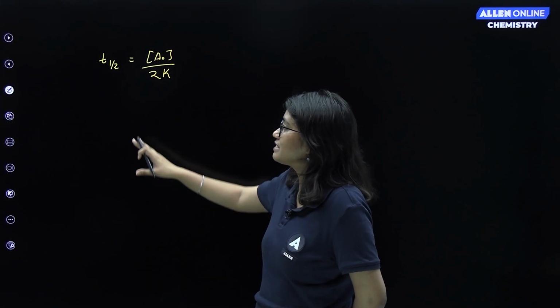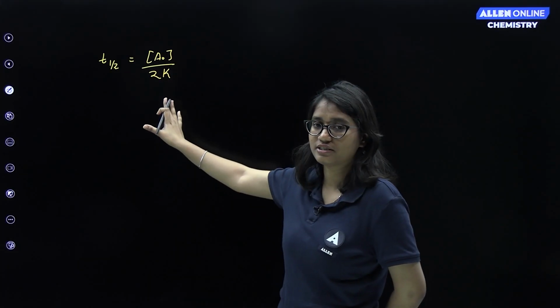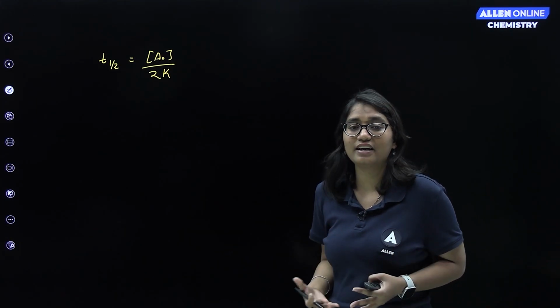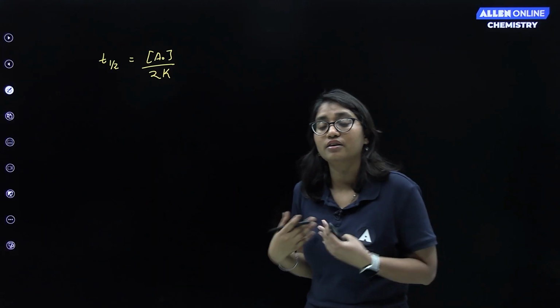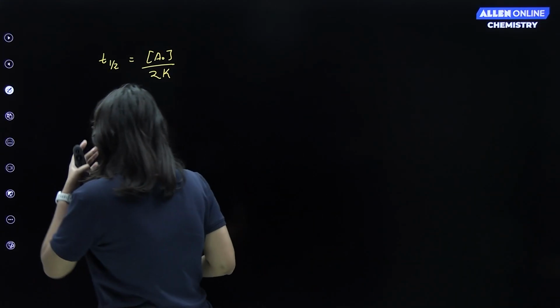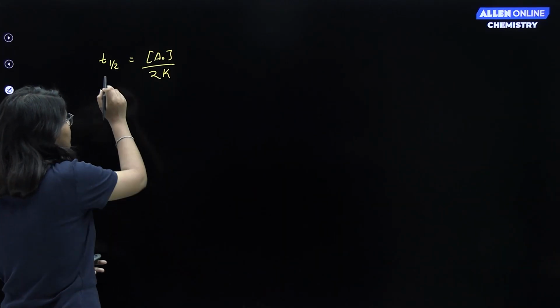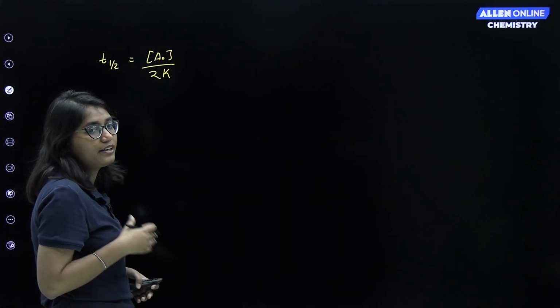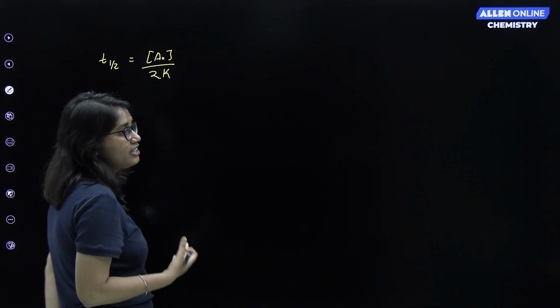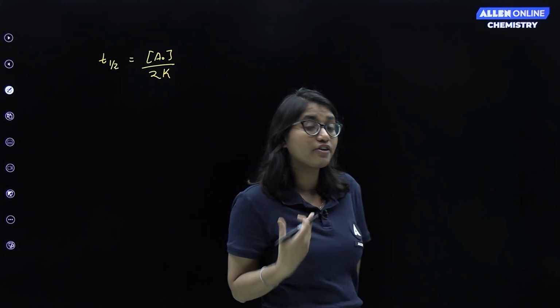From this equation we can say that half-life depends on initial concentration. So, if we take a large amount of reactant, then its half-life will be larger. So, half-life depends on concentration directly. If initial concentration doubles, then half-life also doubles.